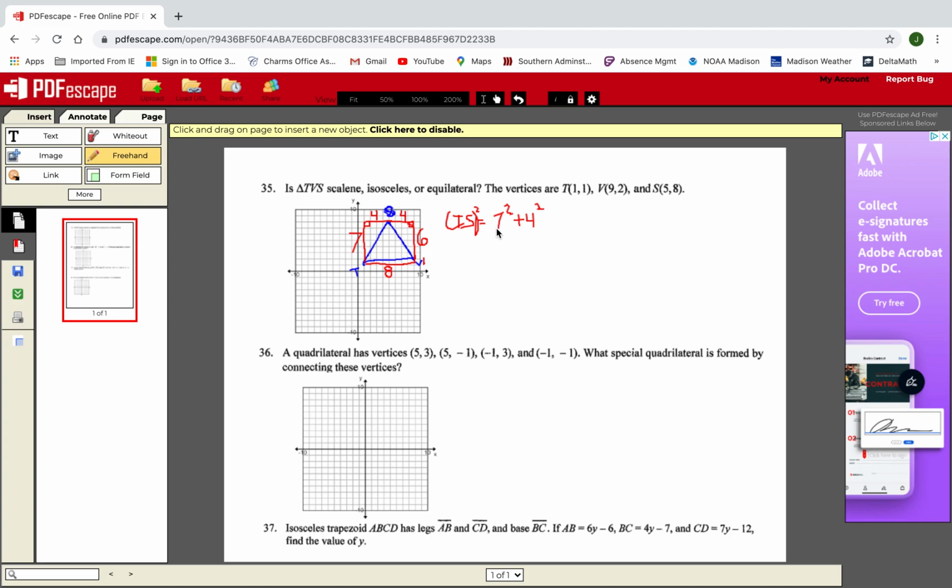Okay, so simplifying that, 7 squared is 49. 4 squared is 16. 49 plus 16 is 65, equals TS squared. So taking the square root of both sides tells us that TS equals the square root of 65. My tablet is going out on me. Okay? So we know that TS is the square root of 65.